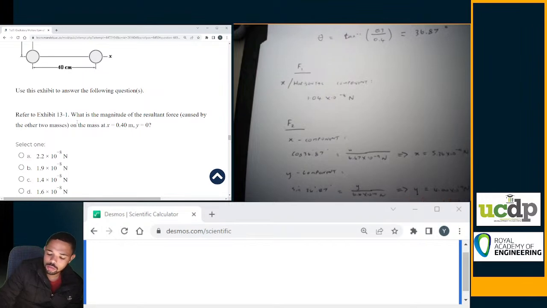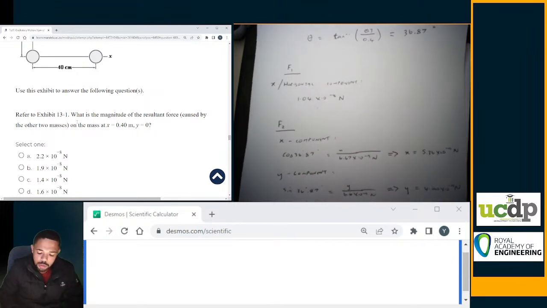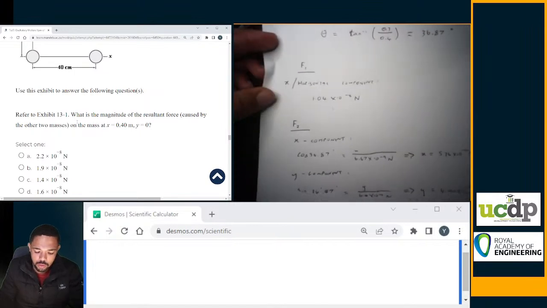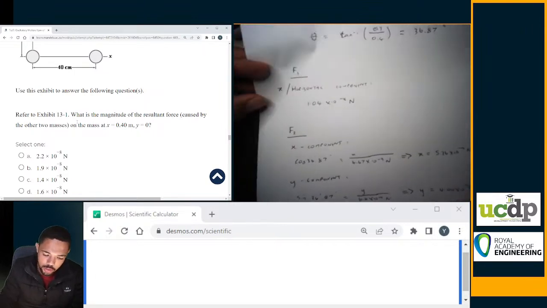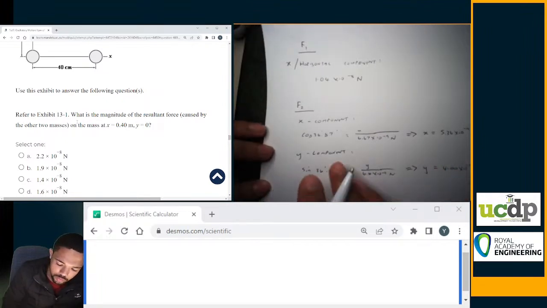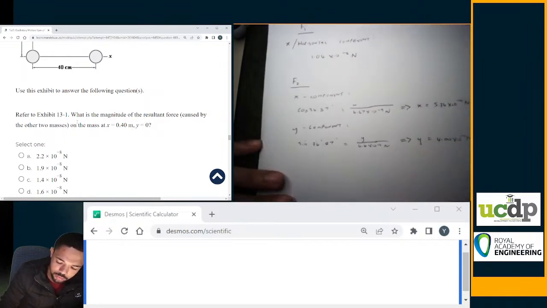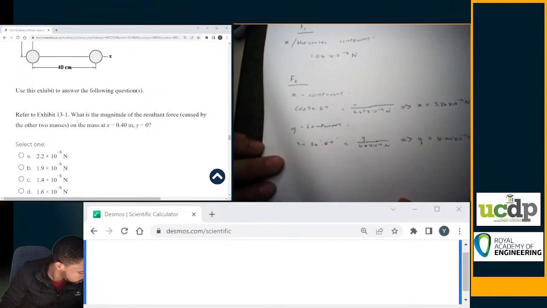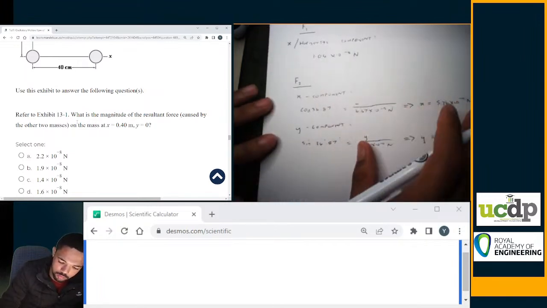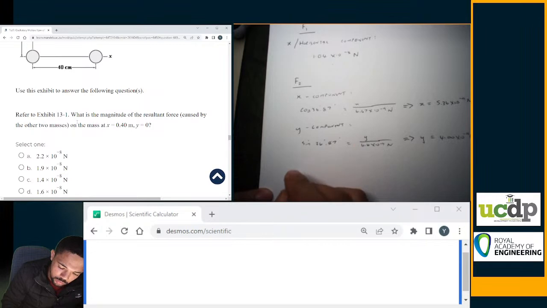So now we have F1 and F2 broken into their components. If we sum them up, the net x component and the net y component, it is attractive in this direction and upwards.